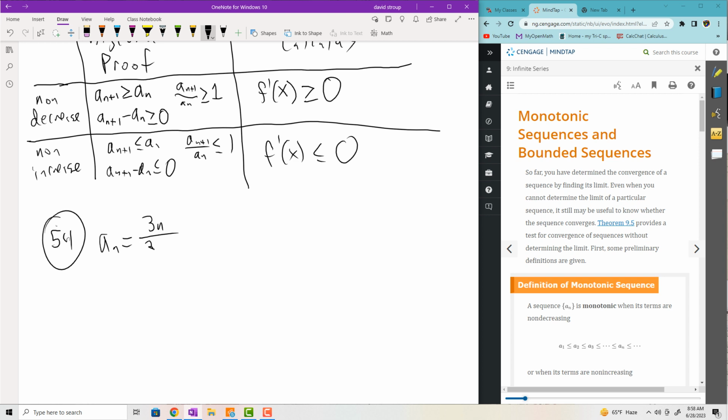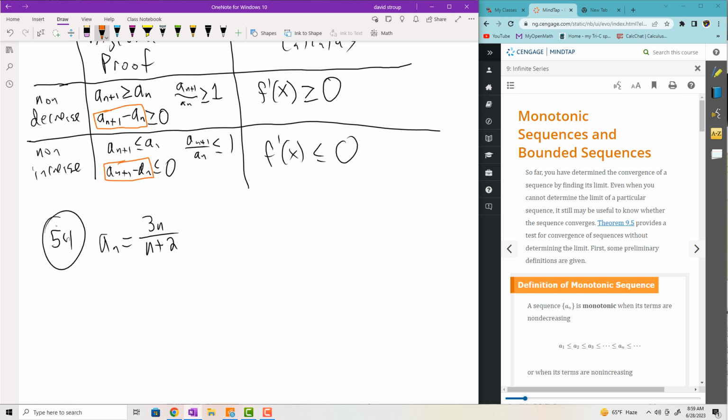Okay. So here I have 3n all over n plus 2, and I'm going to use this version of the algebraic proof. So I'm either going to show it's greater than or equal to 0, and in that case it's non-decreasing, or I'm going to show it's less than or equal to 0, and in that case show it's non-increasing.